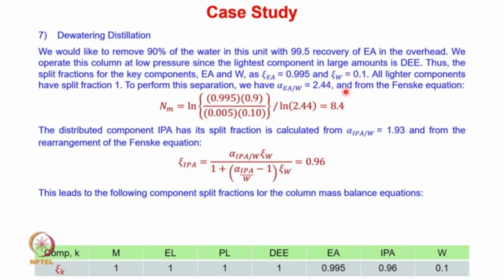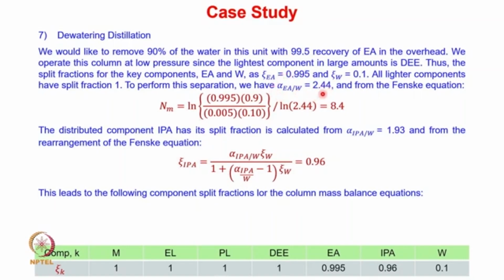With this split fraction, we can then calculate the relative volatility of ethyl alcohol to water. So that comes out to be 2.44.